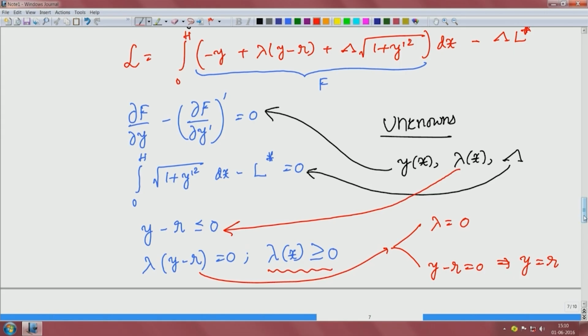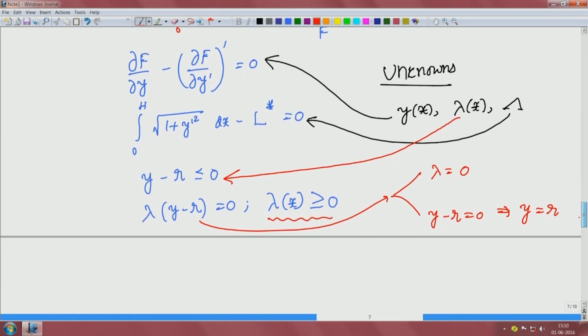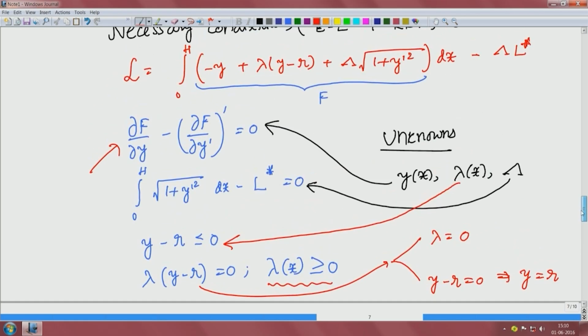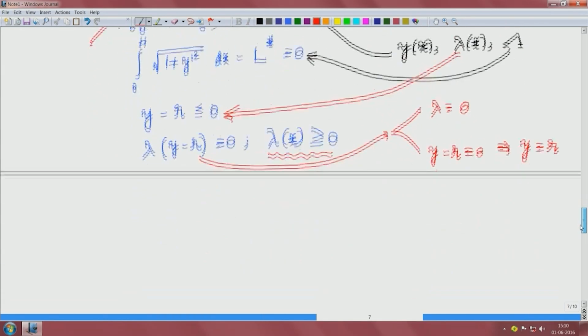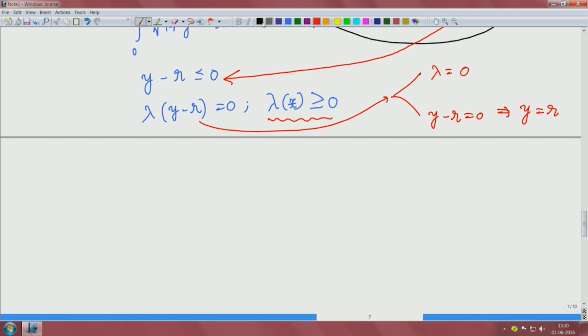Okay. So, let us first write the Lagrange equation that we have here for f. Remember, our f is minus y plus lambda times (y minus r) plus capital Lambda times square root of 1 plus y'^2. Let us finish up this problem.